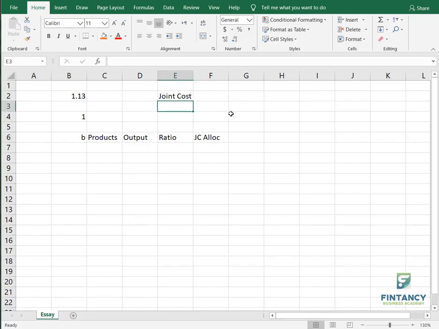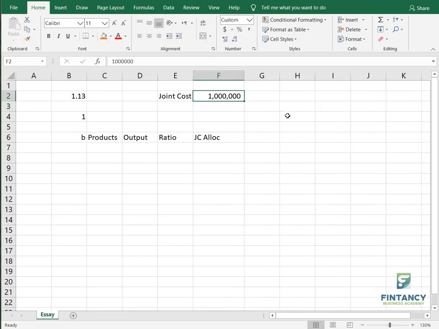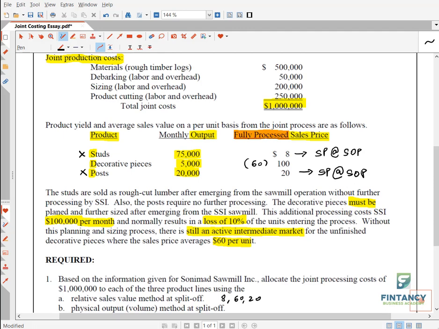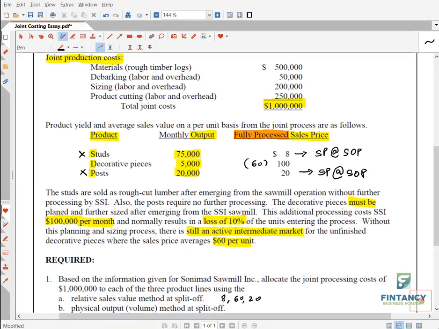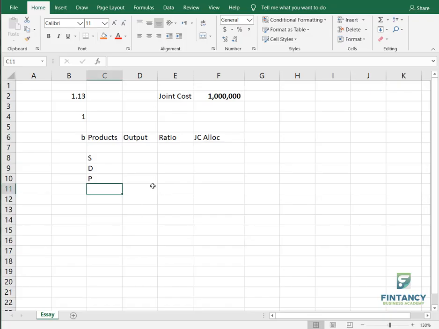So I'm writing here 1 million. Products. How many products do we have? Remember, 3. S, D, P. So I'm writing here S, D, P. How much is the output? Let's see. 75, 5, 20. So I'm writing here 75, 5, 20.